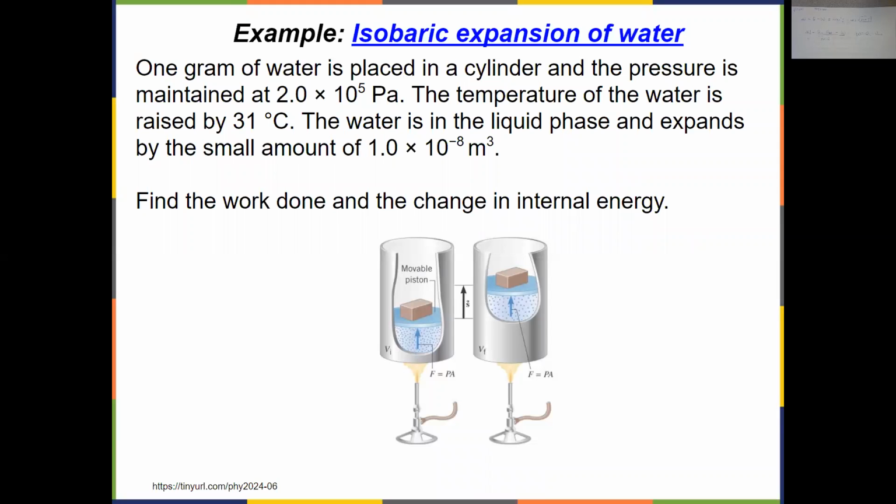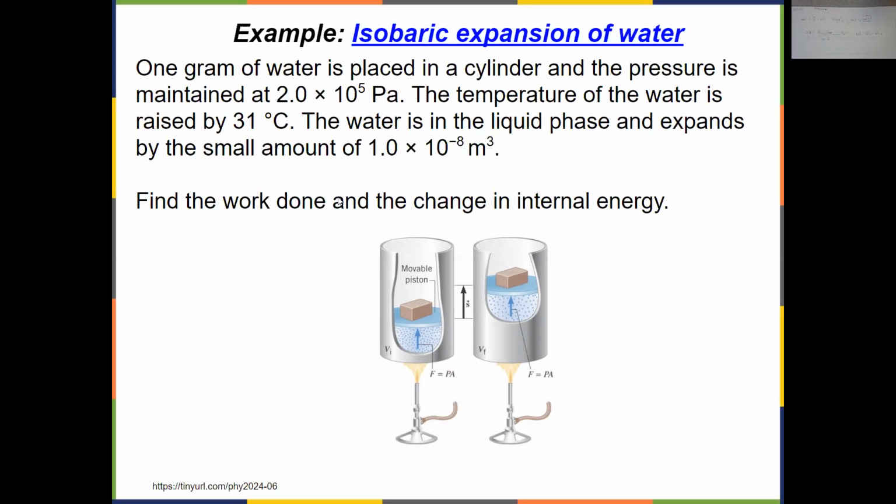Usually you can maintain the pressure by having a piston that can freely move without friction with the wall. Okay, so that's the same case over here. It says the temperature of water is raised by 31 degrees. The water is in the liquid phase and expands by the small amount of 1.0 times 10 to the minus 8 meters cubed. Find the work done and the change in the internal energy.